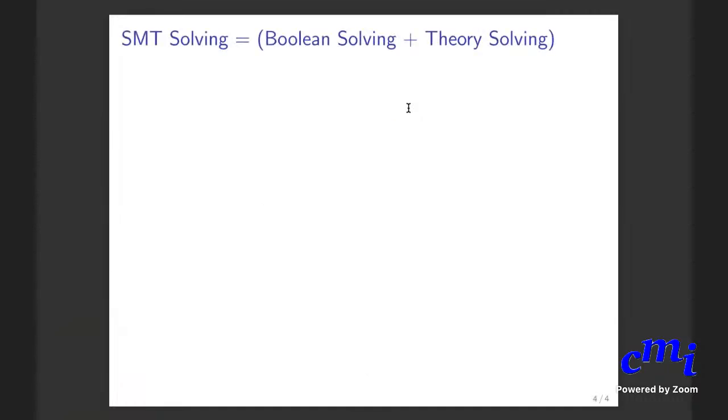Okay. So as I said in the note that I sent you, what I'm going to introduce today is just a very quick overview of a very naive algorithm for deciding the satisfiability problem in SMT logic.